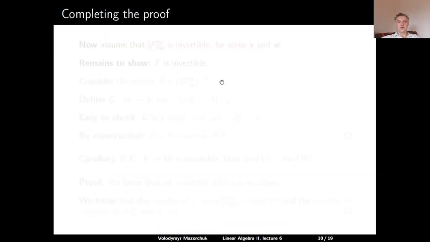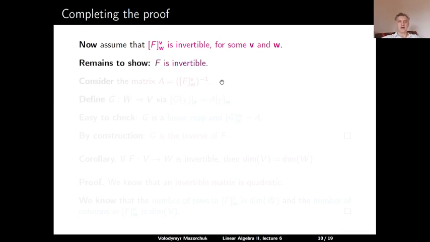So it remains to show that if the matrix of f is invertible, then f itself is invertible. Let us assume that the matrix of f in our bases V and W is invertible, and let us prove that the linear operator f is invertible. Let A be the inverse of the matrix of f.